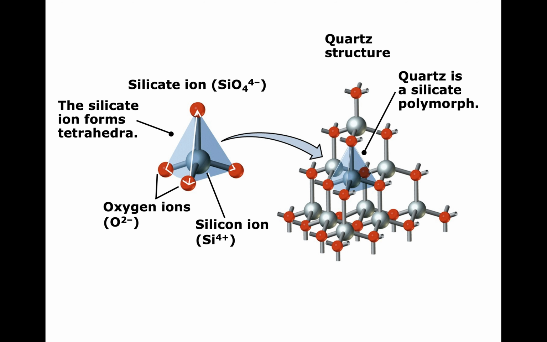We have beta quartz, cristobalite, tridymite, and if you go to higher pressures, we form coesite, and at very high pressure conditions we have the modification stishovite.